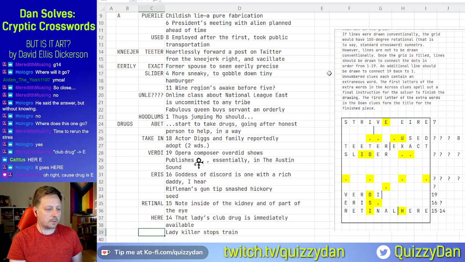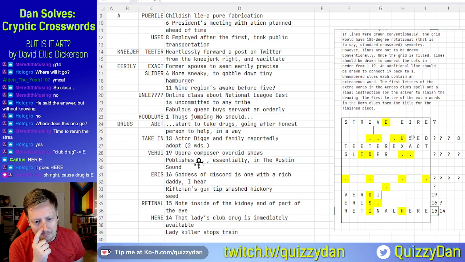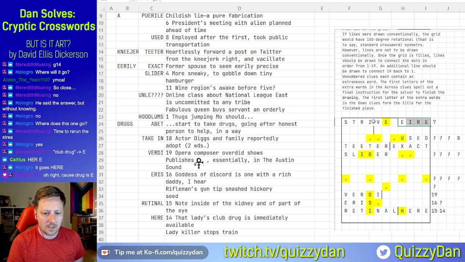Finally, lady killer stops train. There's an extra word in this clue because there's not a number attached to it. Oh, so that means air can't go there, and it must actually go here because that's its opposite.